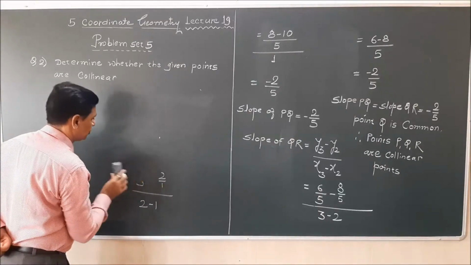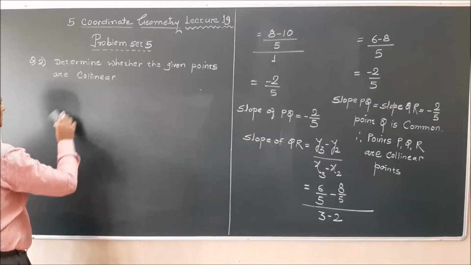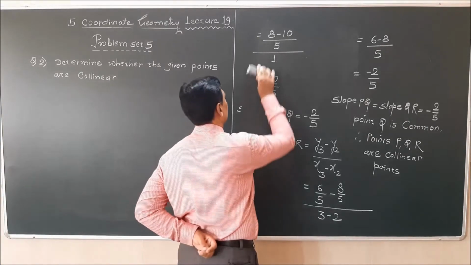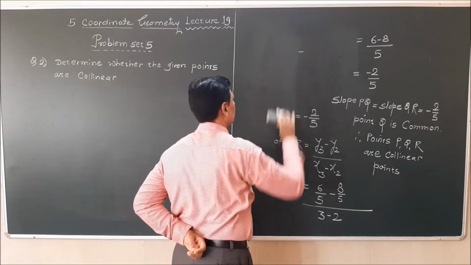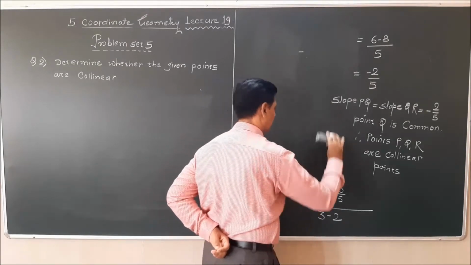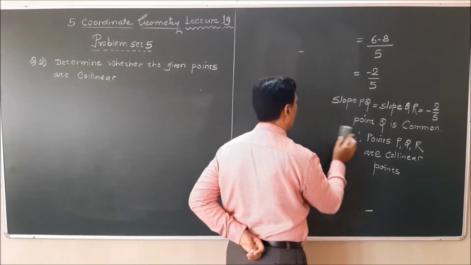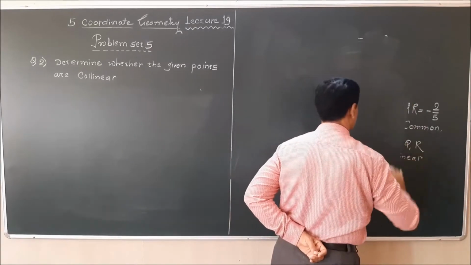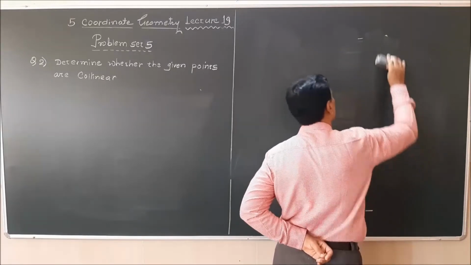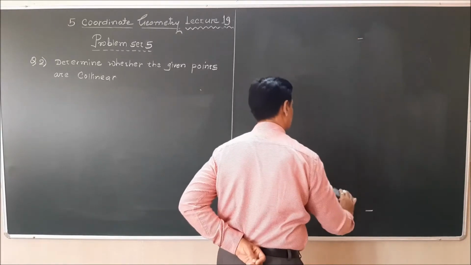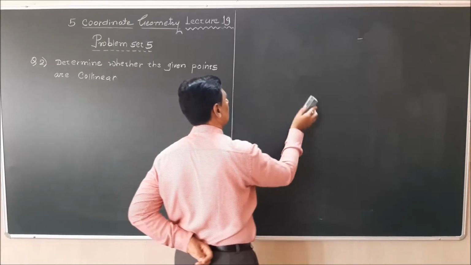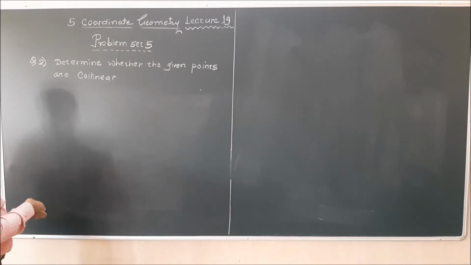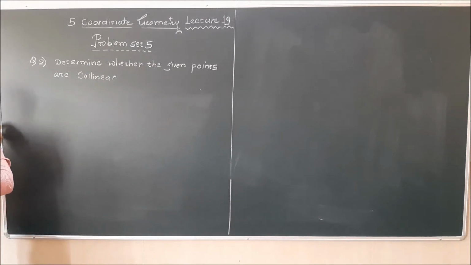of question number 2, and now the third sub-question. The third question is also the same. I need to say sub-question 3 of question number 2. In that question also, we have to verify whether the given points are collinear or not. So you will find here question number 2, sub-question 3.